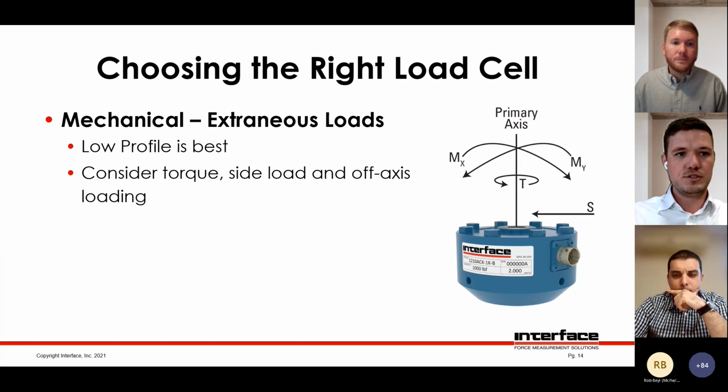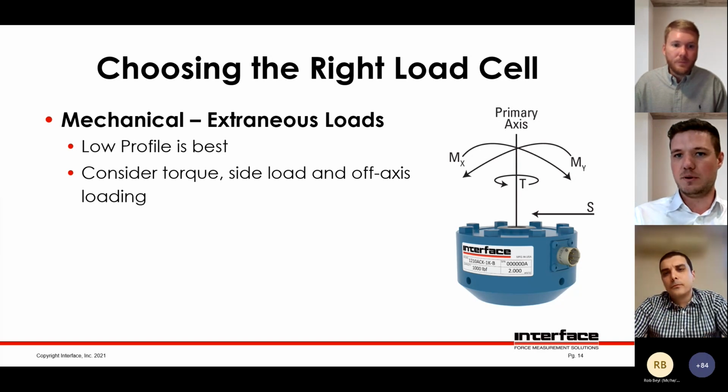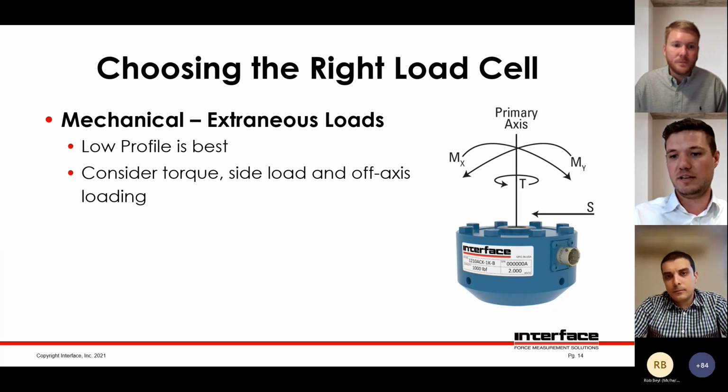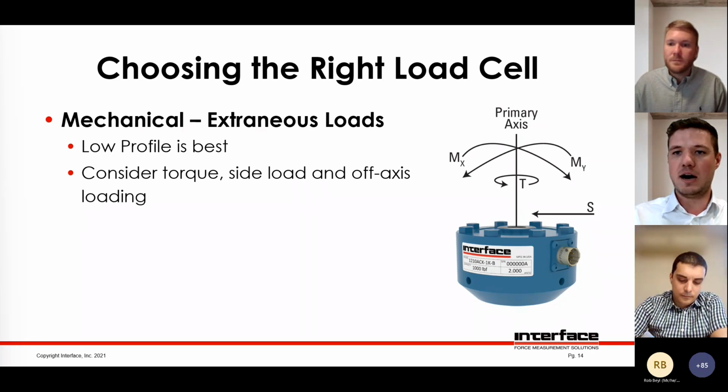Eccentric or extraneous loads. You can see there we're talking about moment loads or torsion or side loads on the load cell. It's very important that the load cells are loaded through their primary axis. That's where they're calibrated. That's where there's going to be the least amount of error. But also, if you apply high moments or high side loads, you may overload the load cell inadvertently.